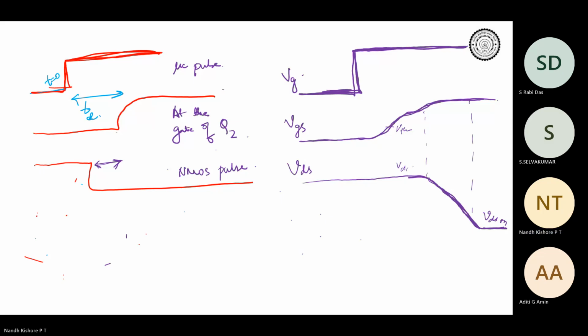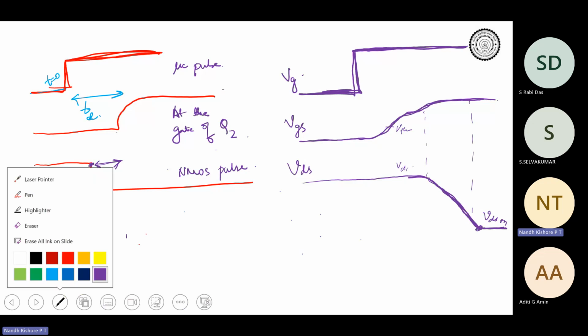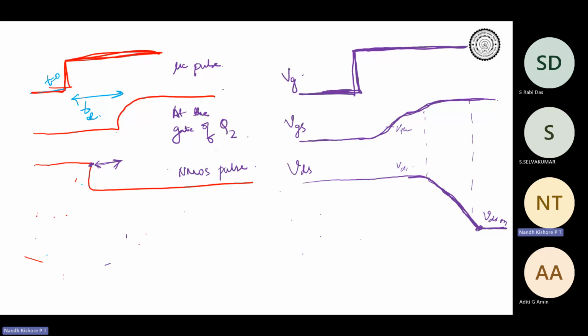So you understand that if you include this time as well, there is going to be a specific period starting from this point to this point. If I complete the waveforms over here, your VDS is going to fall something like this.